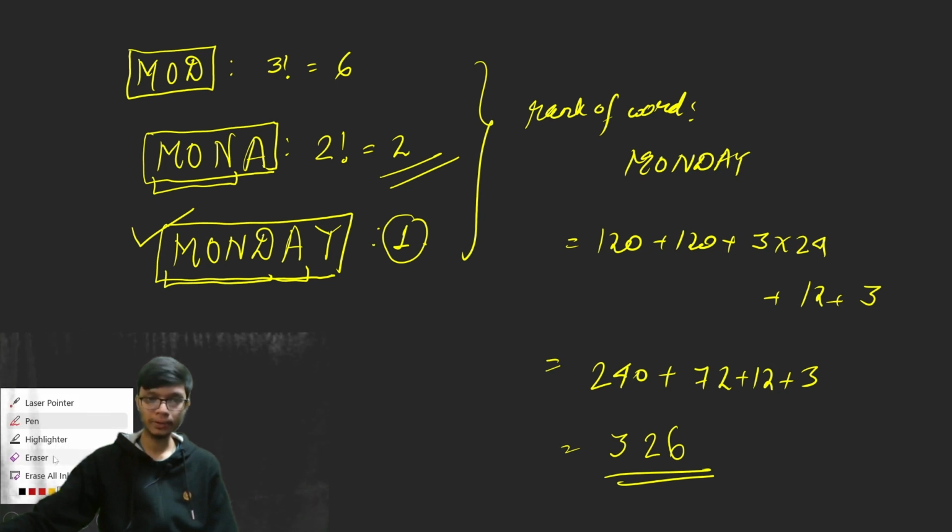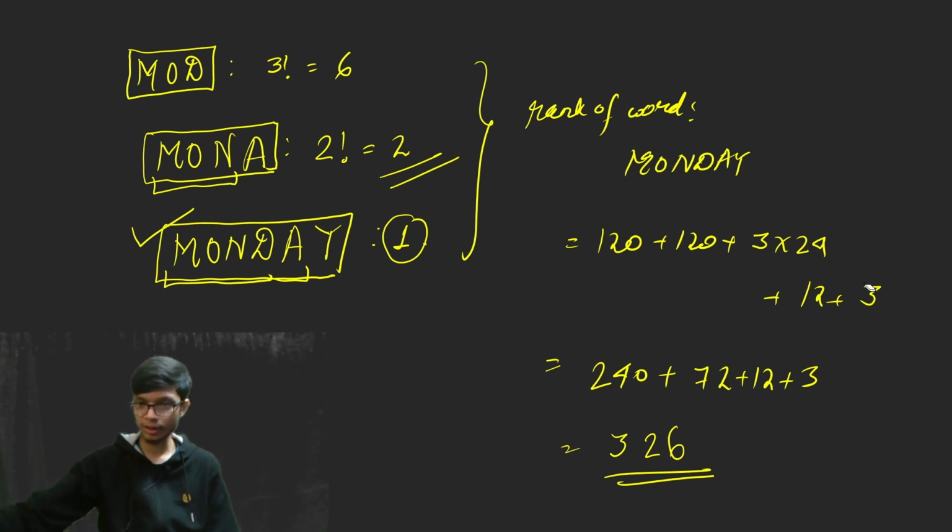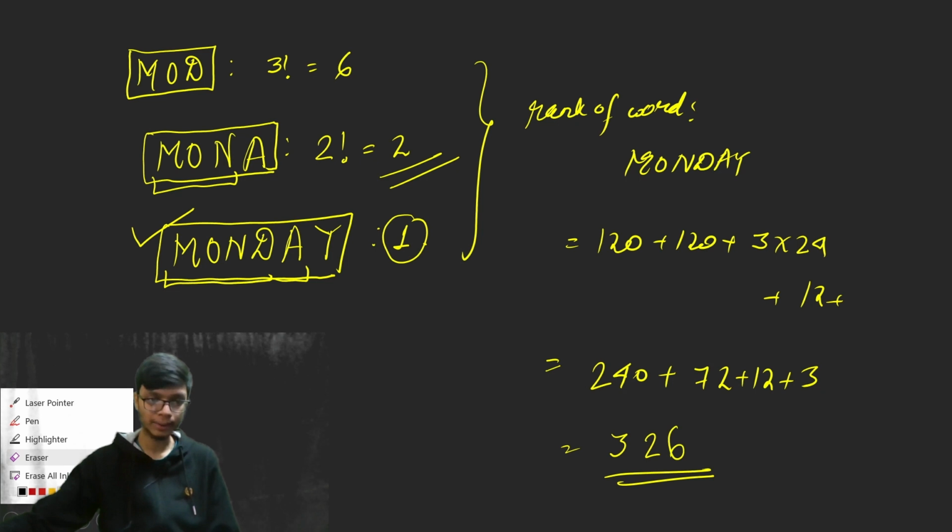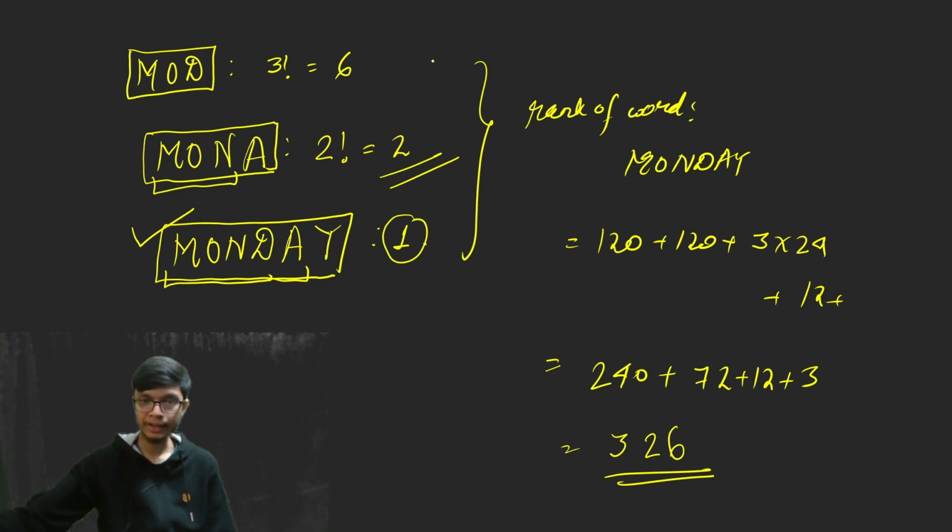There is another important thing that you must remember. 306 is basically not the final answer, because it is a rank. You have to consider that the rank is basically all the letters up till here, and then plus 1, which will be the current serial number.